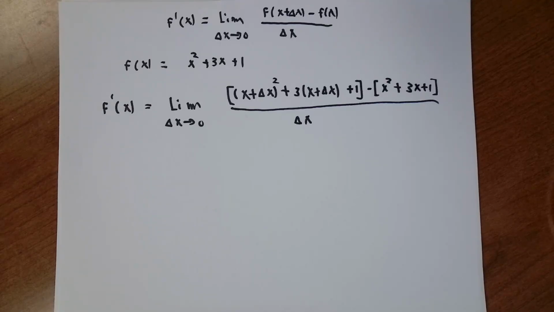I subtract f of x, which is x squared plus 3x plus 1, divide by delta x, and then I look at what happens to those fractions as the delta x becomes very close to 0. There's going to be some algebra involved.